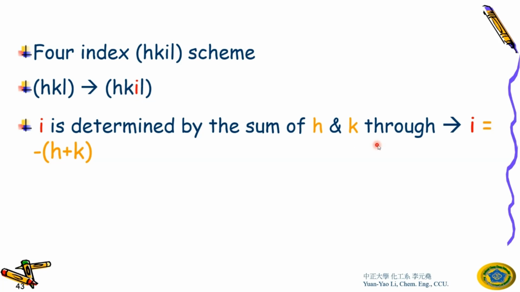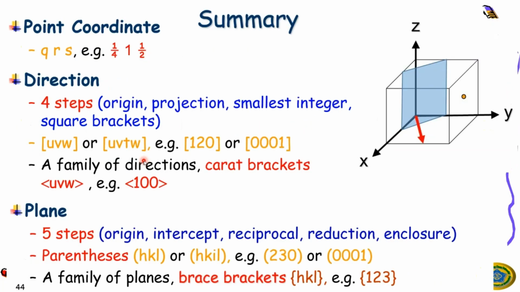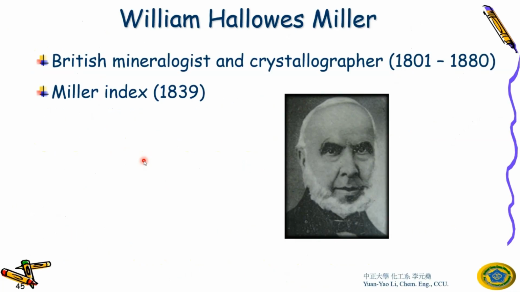So i will be minus bracket h plus k, this one. So this is very easy. So you don't need to worry too much about this. Okay, so this is a summary. We just talked about this with you. So please remember, he's a great guy. We use his name to represent the Miller index.